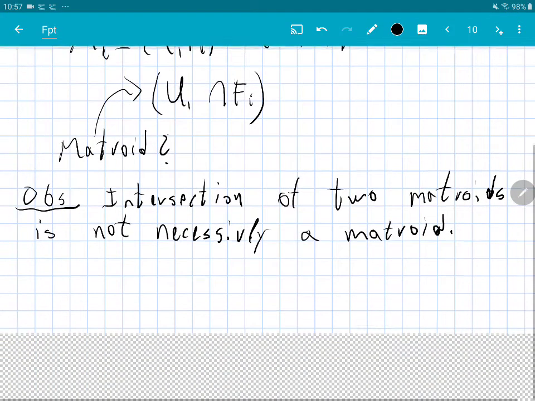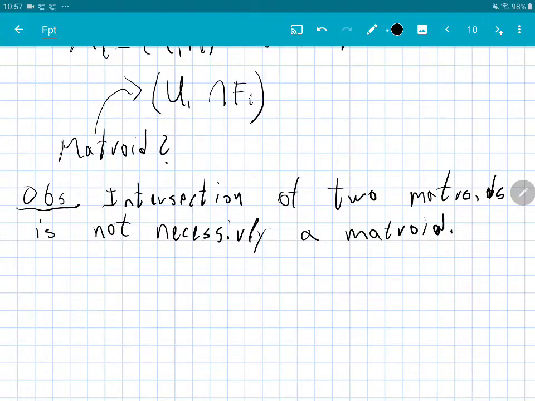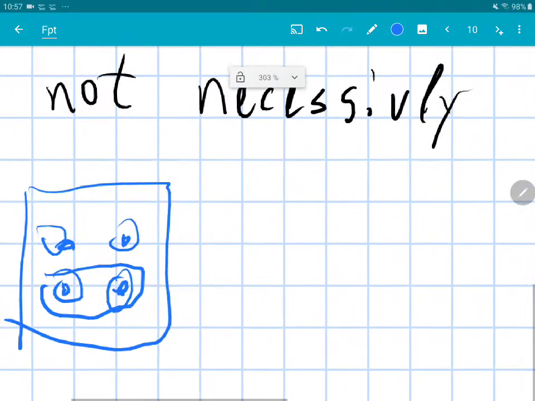You just need an example, so let's look at a set of 4 points. Now I have to tell you what the ground set is. The ground set are of course going to be the singletons, and then I'm going to take an edge of size 2.